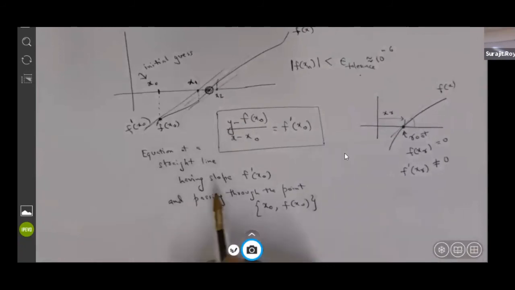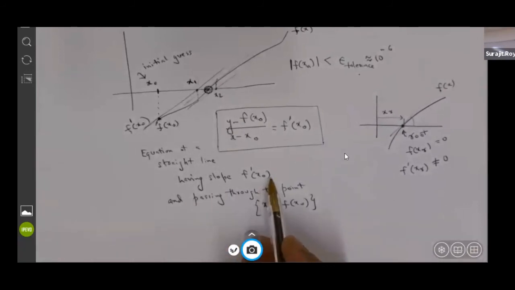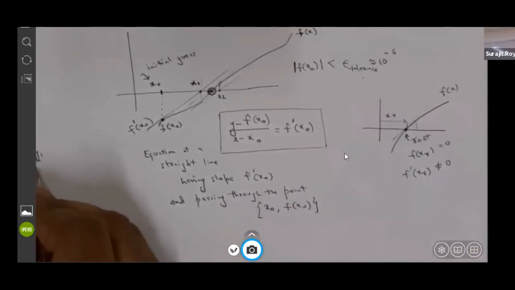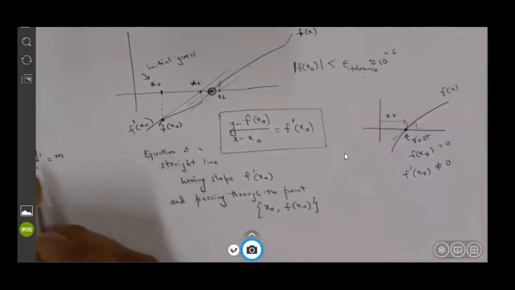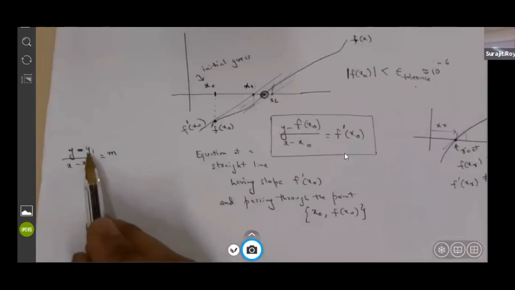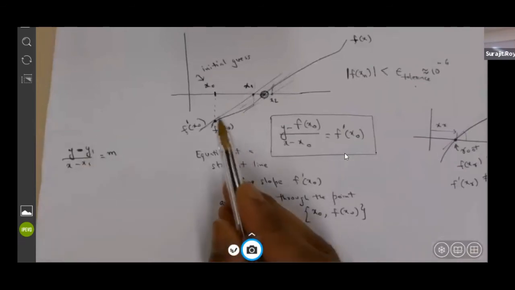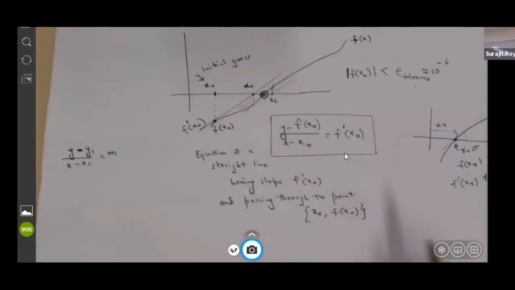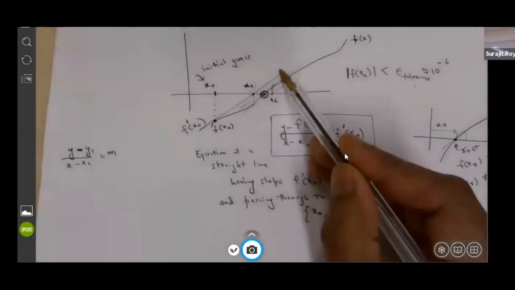It is an equation of a straight line which has a slope f prime x naught, which is m. Or if you remember, y minus y1 over x minus x1 is equal to m, that is also an equation of a straight line passing through the point x1, y1, which is x naught, f of x naught, and having a slope m, which is f prime at x naught. So this is nothing but an equation of a straight line. This is the equation of this tangent line.